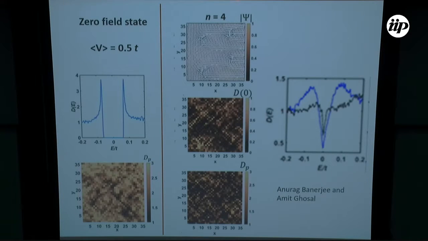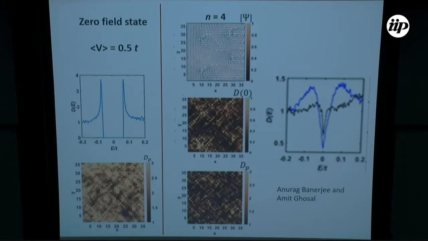Now, this is a snapshot; we have a lot more of the simulation, but here we have put 4 vortices. You can see these vortices from the phase map, here, here, here, and here. And this is the zero bias conductance when you have these vortices. As expected, the zero bias conductance is slightly higher wherever you have the vortex center, and it's lower elsewhere.